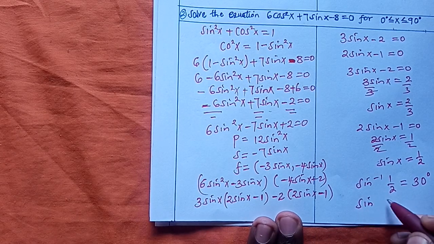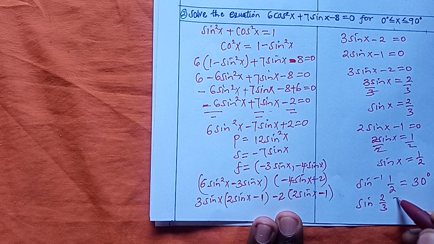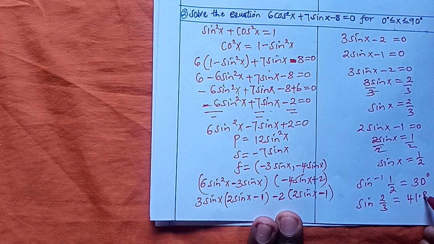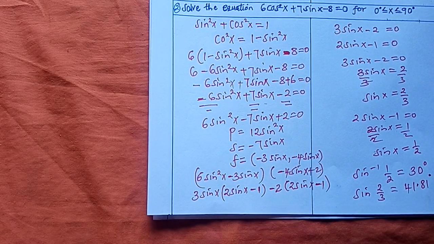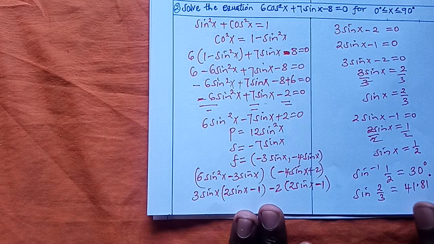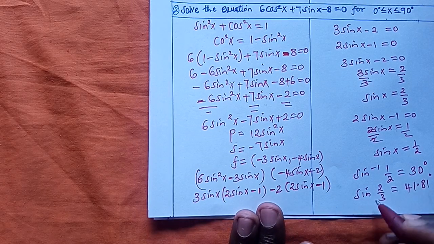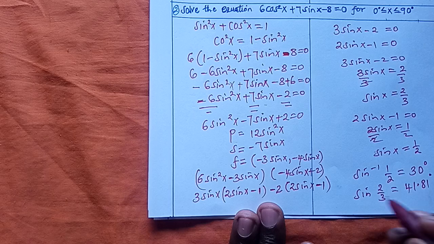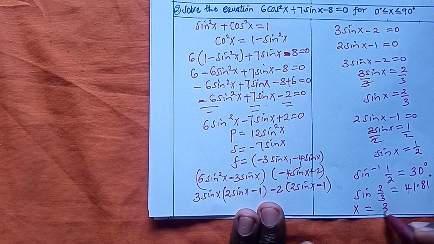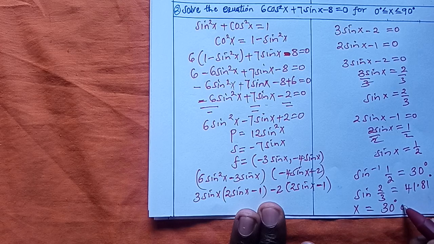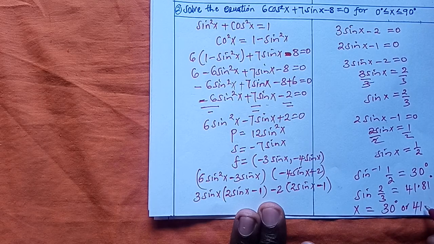And the sine inverse of 2 thirds is going to give us 41.81 degrees. So our final answer, we are going to say that we have got two values for x, by saying x is in fact going to be 30 degrees or 41.81 degrees.